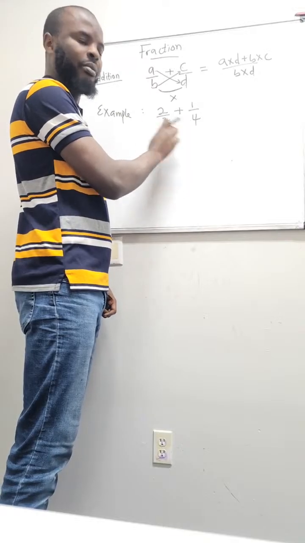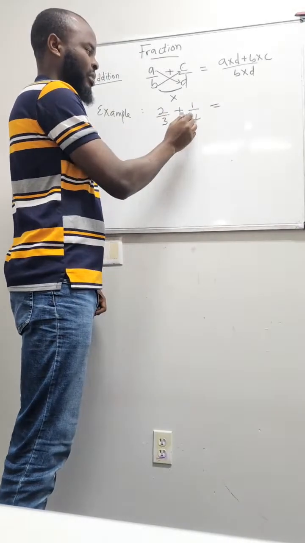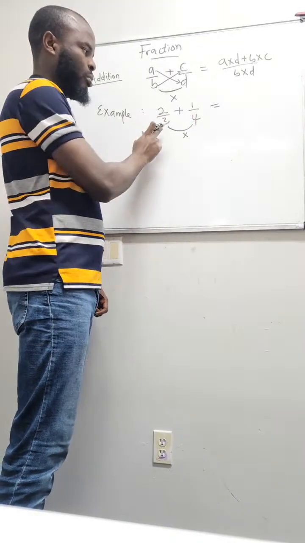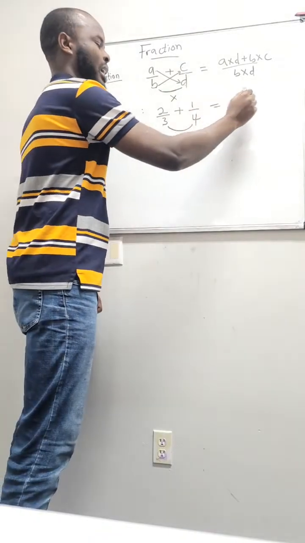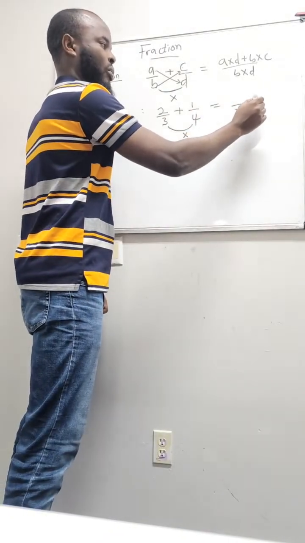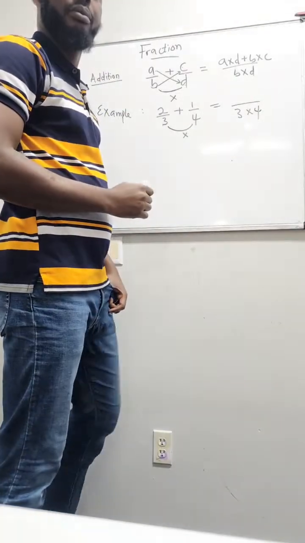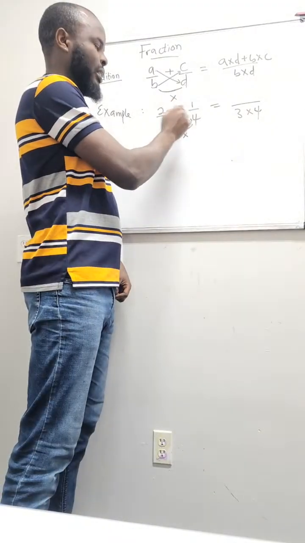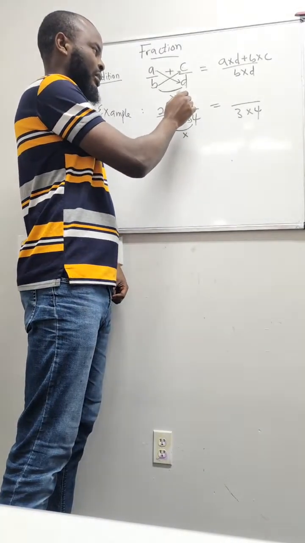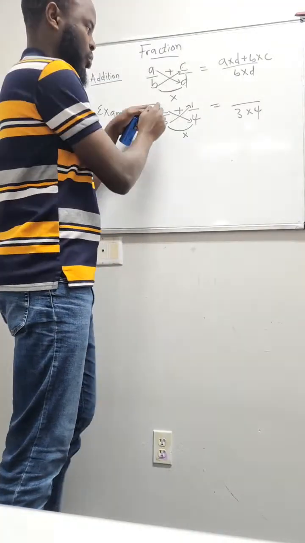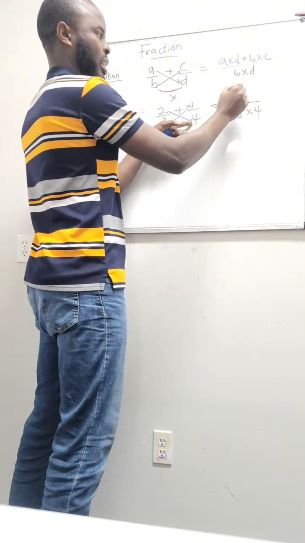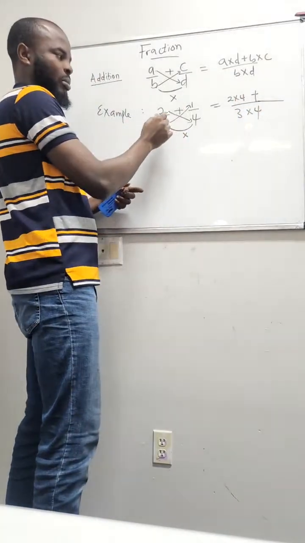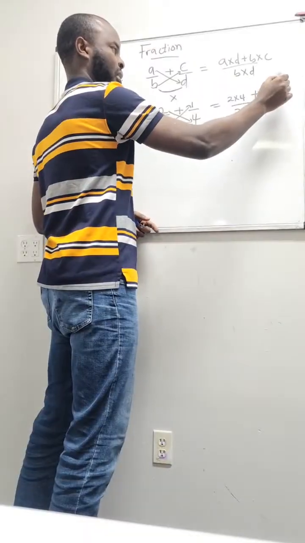So what you have to do is multiply the denominators, and here we have 3 times 4. Next, you cross multiply: 2 times 4, plus 1 times 3.